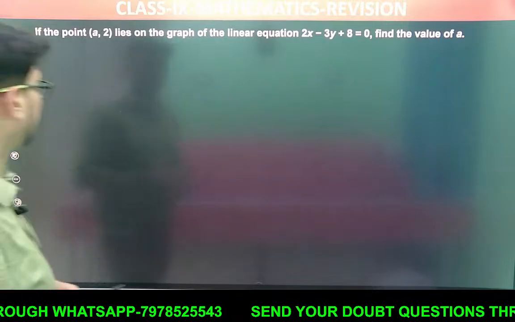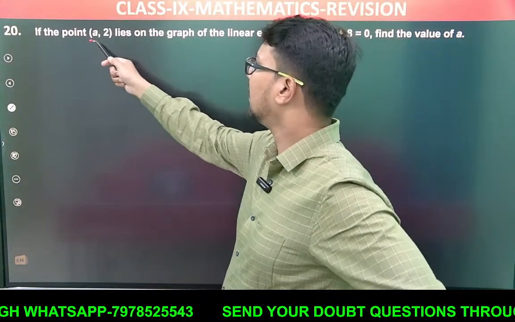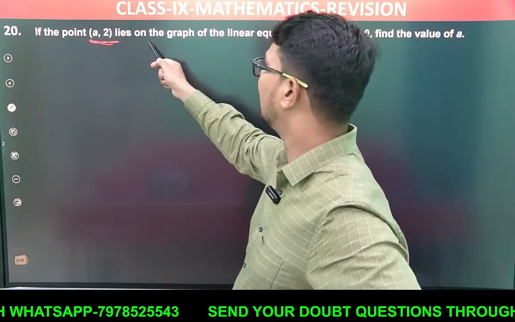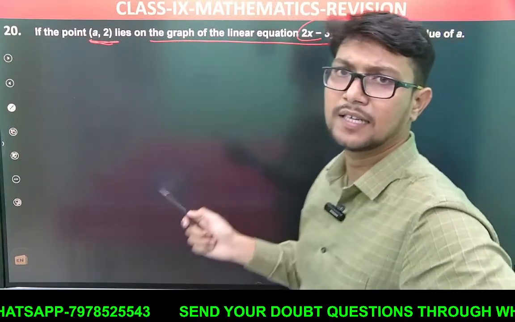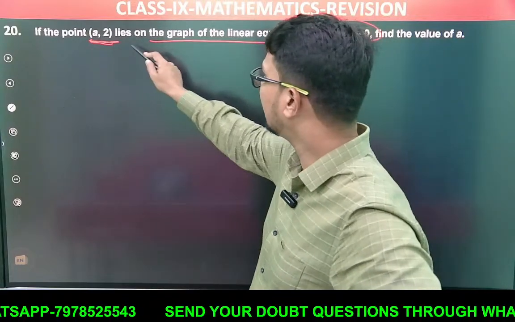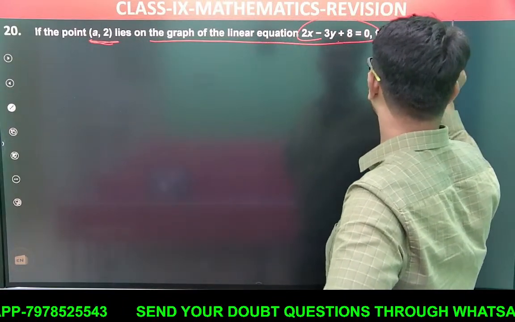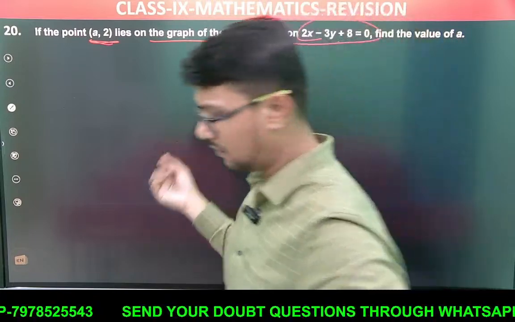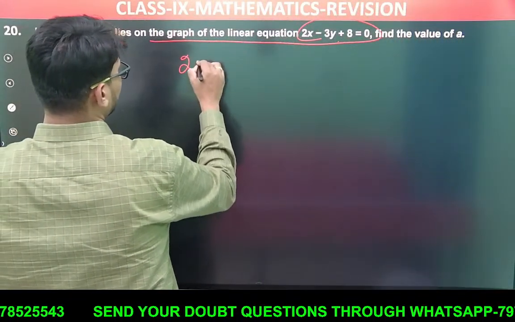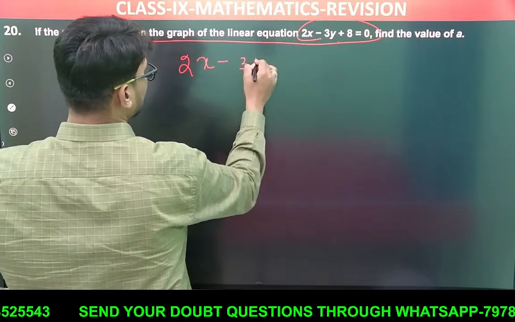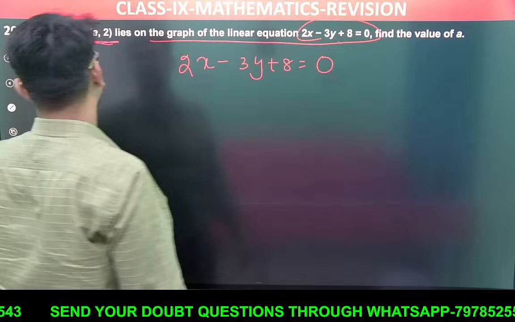Now next question. If the point (a, 2) lies on the graph of the linear equation 2x minus 3y plus 8 equals 0, find the value of a. So 2x minus 3y plus 8 equals 0 is the equation given.